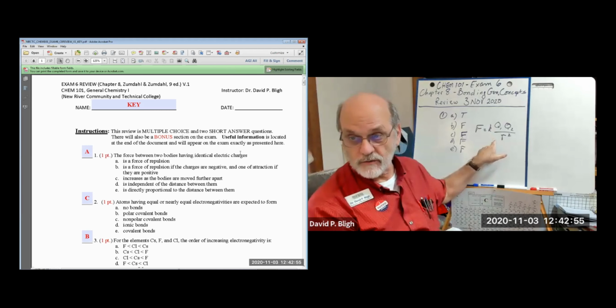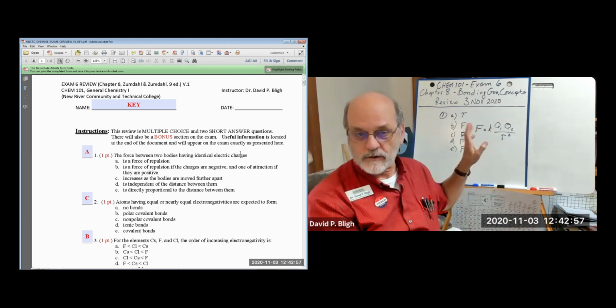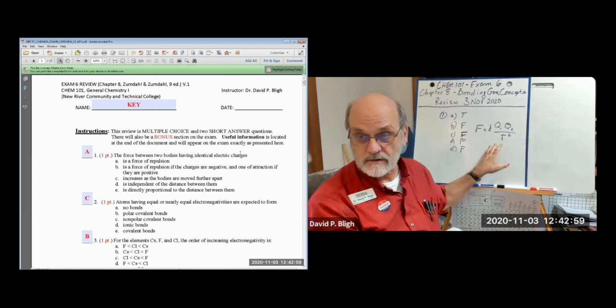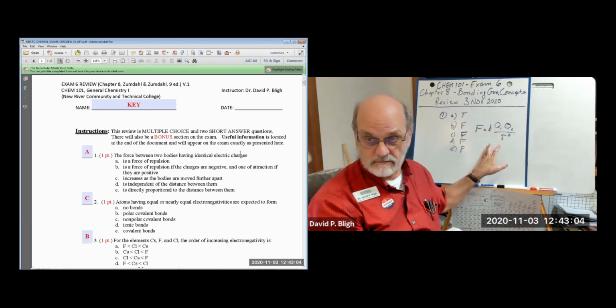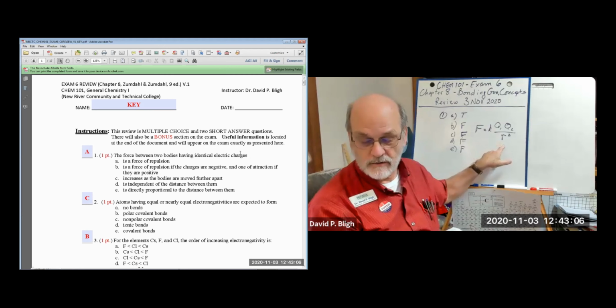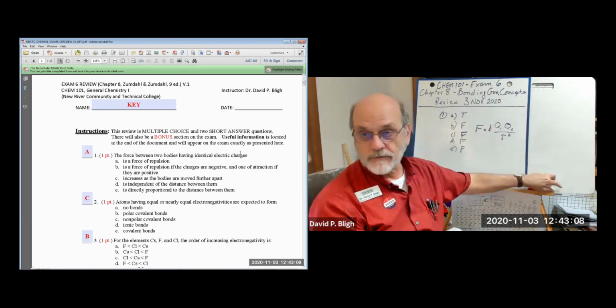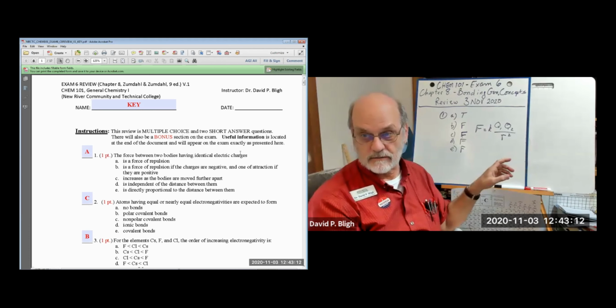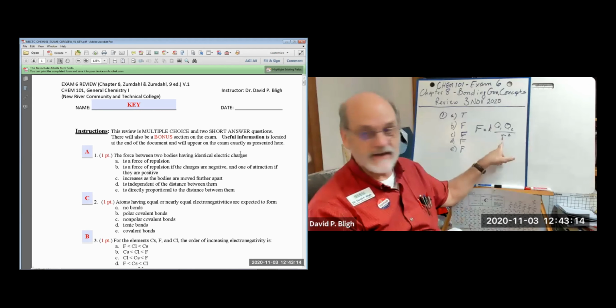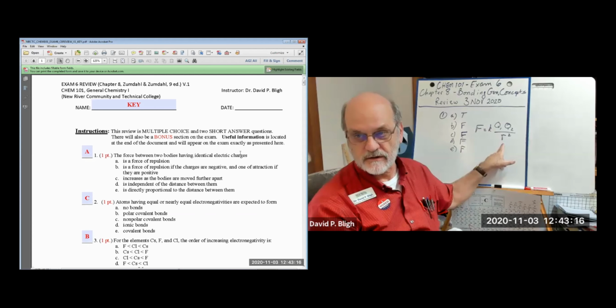This is for Coulomb, for charges. It works for gravitational forces in Newton's universal law of gravitation. You'll find that term in there also. And also for the intensity of radiation, which decreases as the square of the distance from the source.